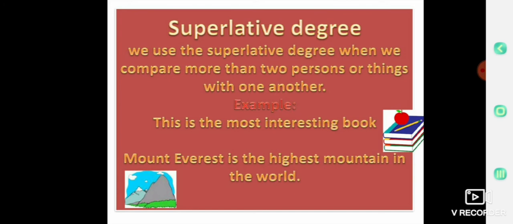We are comparing Mount Everest with all the other mountains in the world, and we see that Mount Everest is the highest mountain in the world. That is why we have to use superlative degree.